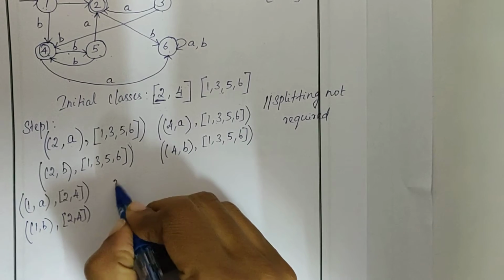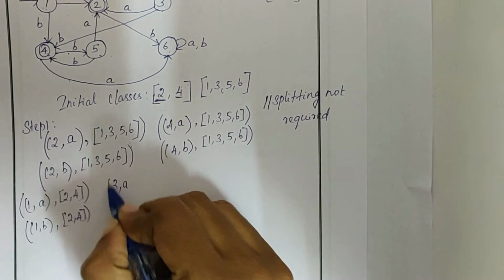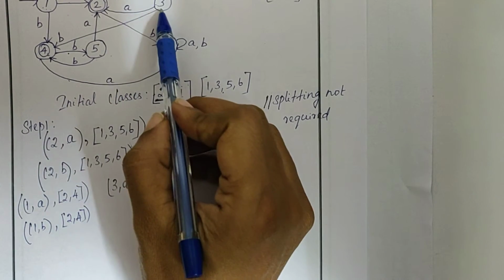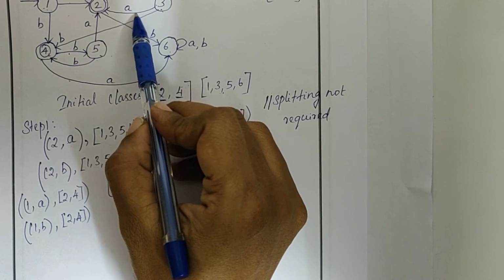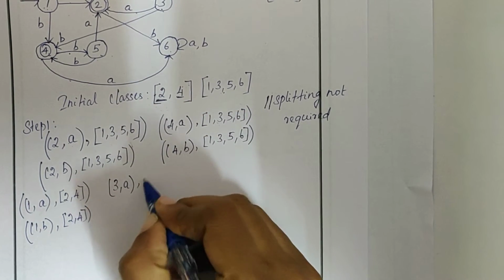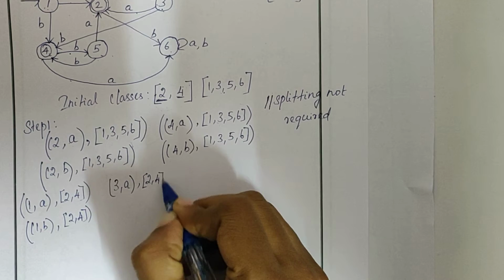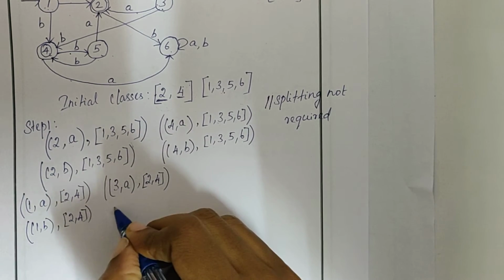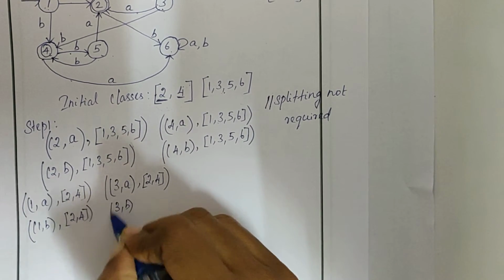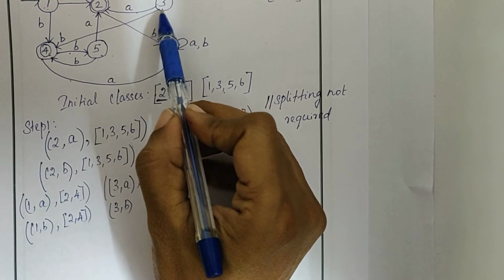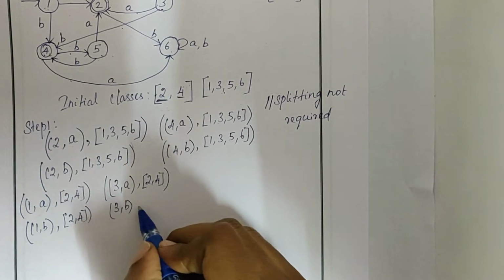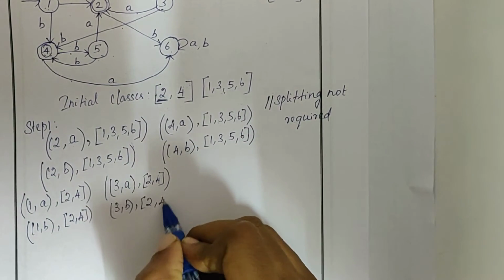Next 3 comma A. 3 A, it is moving to 2, so 2 comma 4. 3 B, it is moving to 4, so the class is 2 comma 4.